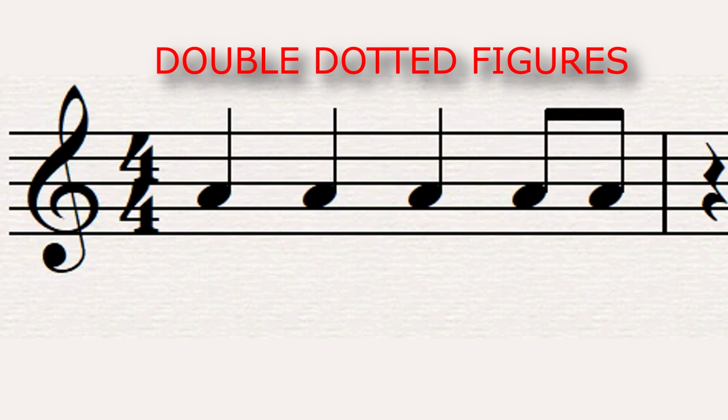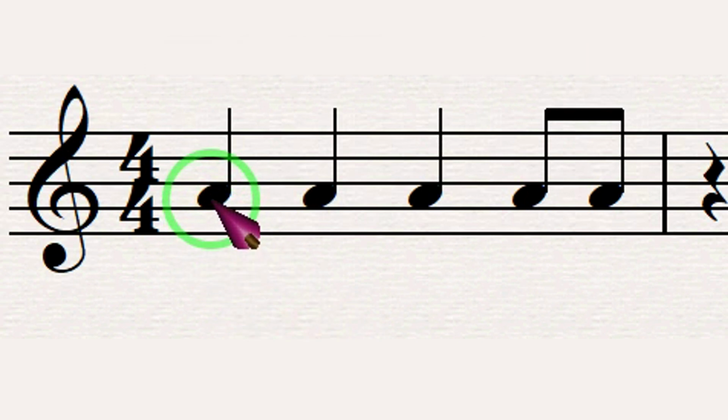Now I want to quickly talk about the double dot. I might want to have, for example, this sound extended from here up to here, and then have the next hit here, like this.